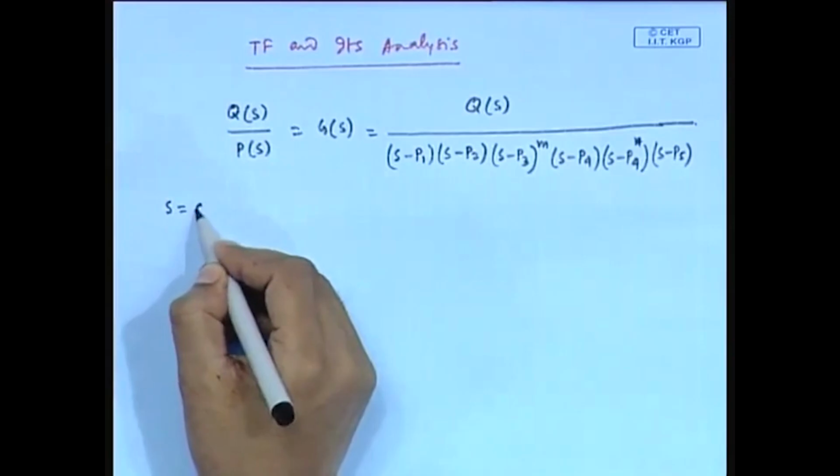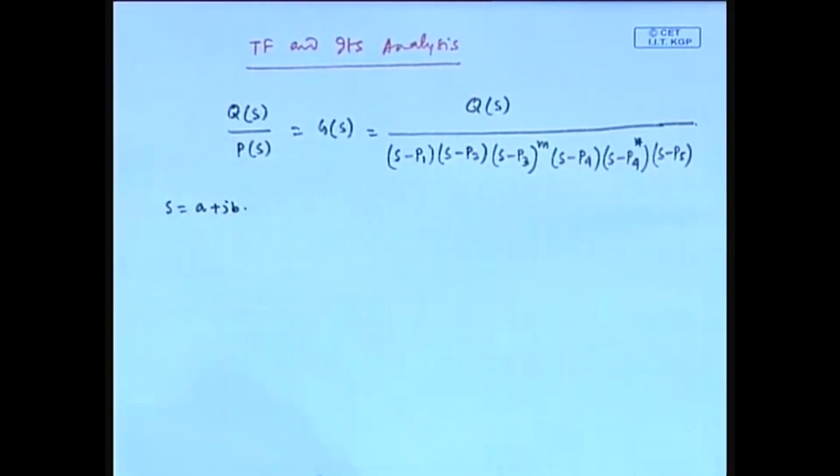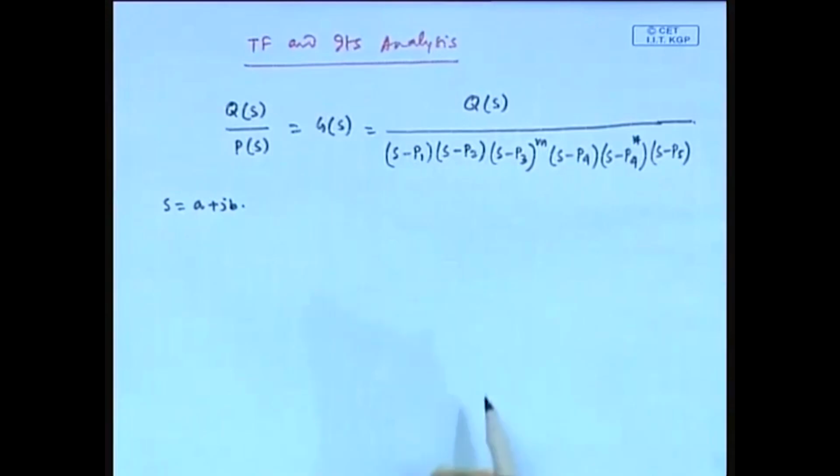Now, s is basically a variable which is defined in the complex plane in this way. I mean this is the form of s, s equals a plus jb. Fine. s is defined in the complex plane by this form. Now, considering this general form of a transfer function, we will discuss different types of poles.